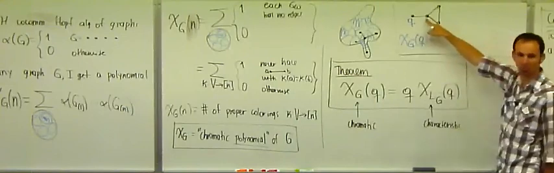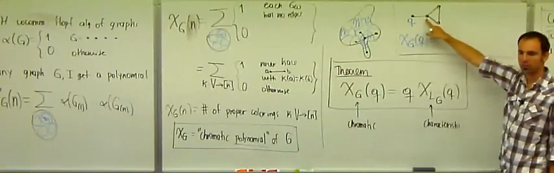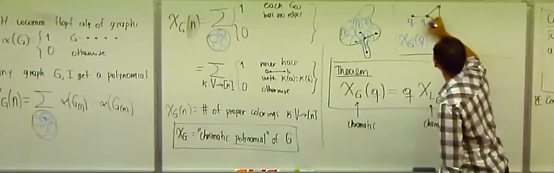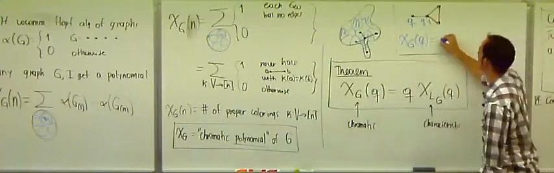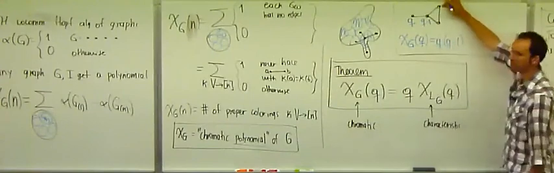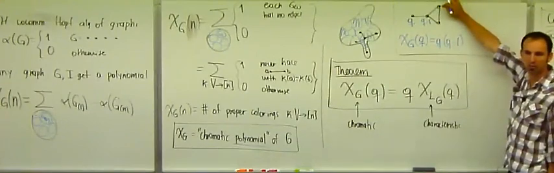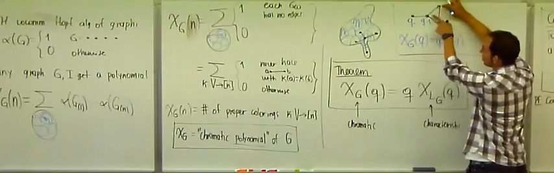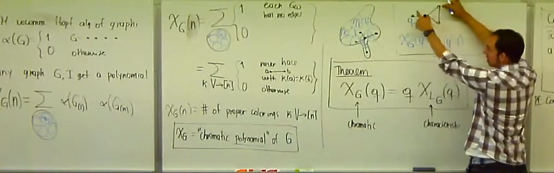Here, how many possibilities do you have? You can choose any color except the one that you just chose. So first choice, there's this many. Second choice, there's this many. How many colors do you have available here? Q minus 1, because you have to make sure not to use the same one you just used, but it's okay to use this one again.